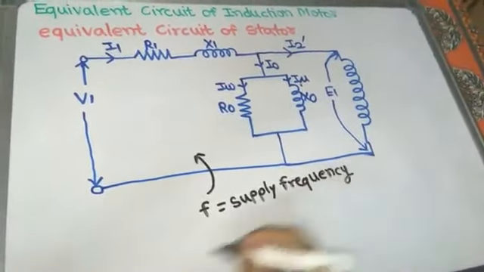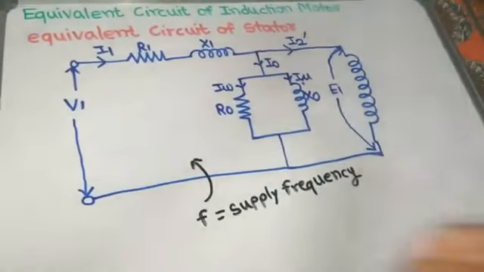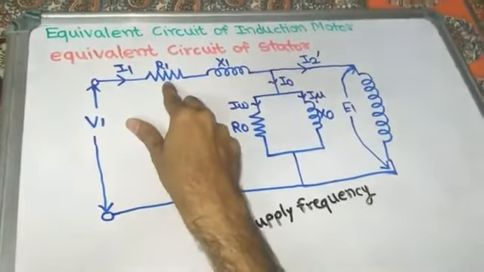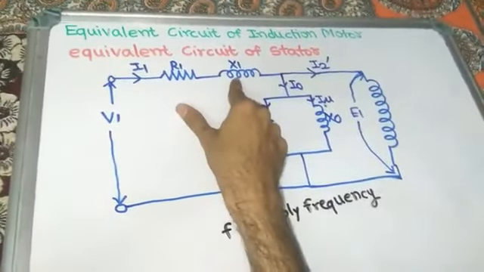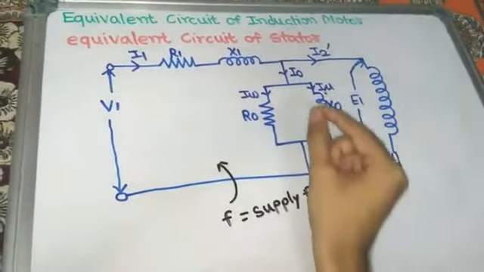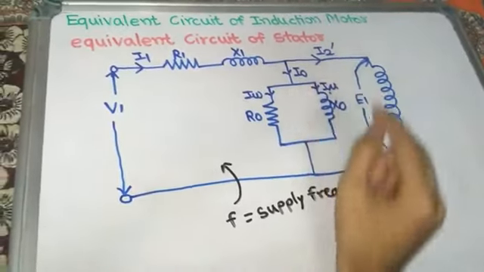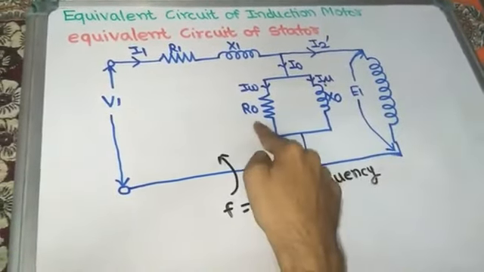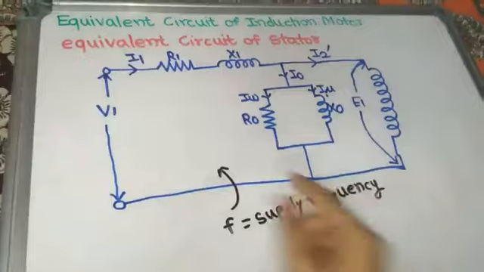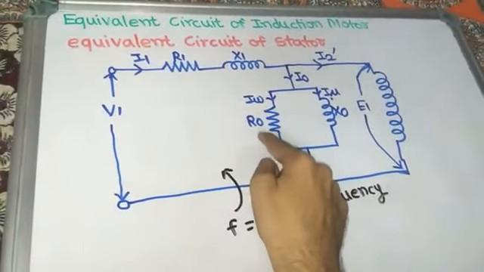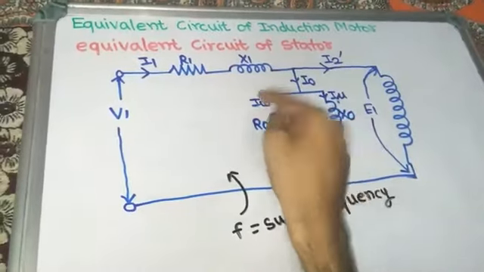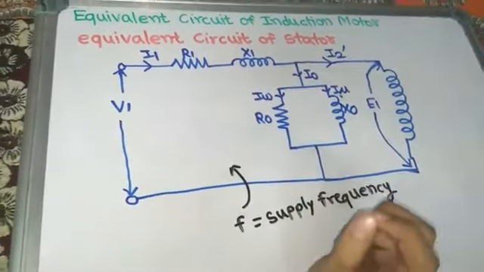R1 is the stator resistance per phase, X1 is the leakage reactance of the stator per phase, I0 is the no load current per phase, R0 is the component for supplying the core losses, and the current flowing through R0 is Iw, the working component of no load current.